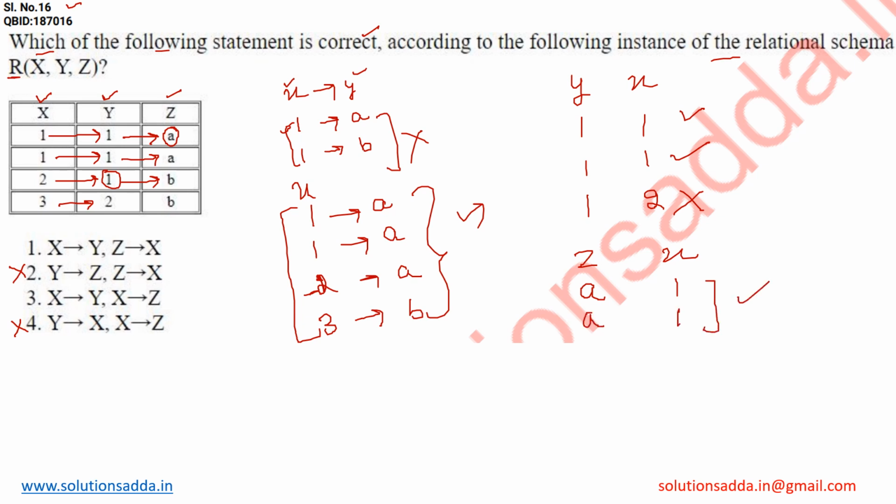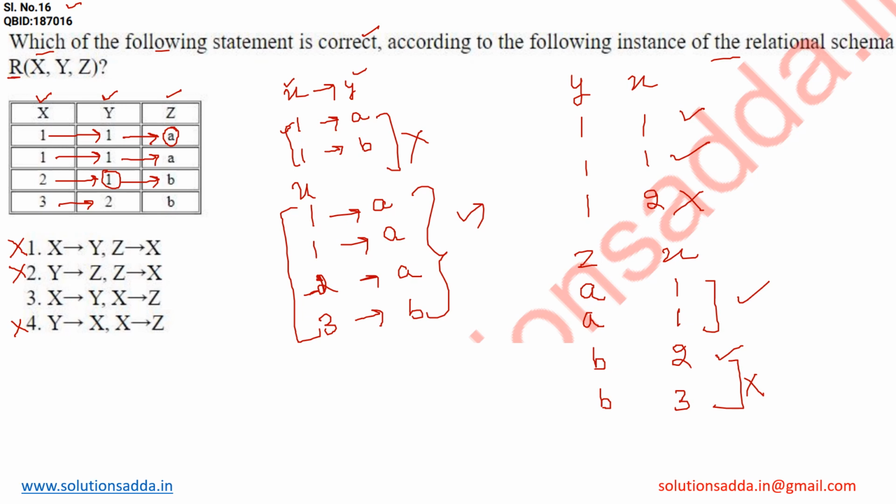From now you can see that they are acceptable. Now the value of Z is B and it gives the value of X as 2. It's also acceptable. Now Z is B and X is 3 here, so it is not acceptable. So we can say that Z is not successfully determining the value of X. So we can eliminate option number 1 as well.